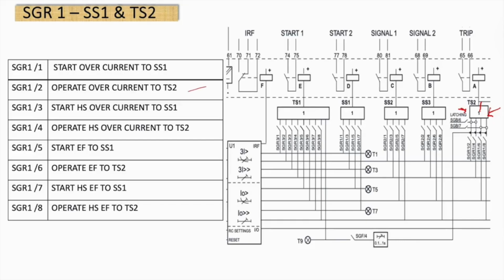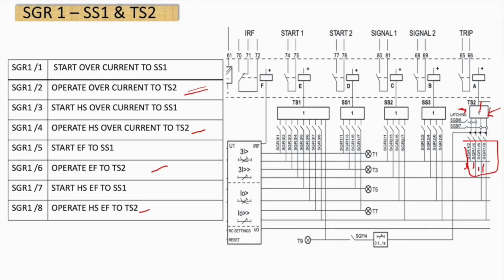Within it, overcurrent, high set overcurrent, earth fault, and high set earth fault, all 4 of these will be included in TS2. So here too, you'll see SGR1 K2, SGR1 K4, SGR1 K6, and SGR1 K8. These are the 4 functions we can use in TS2. So TS2 is specifically designed for tripping. If you need to give a trip signal, you can use TS2.